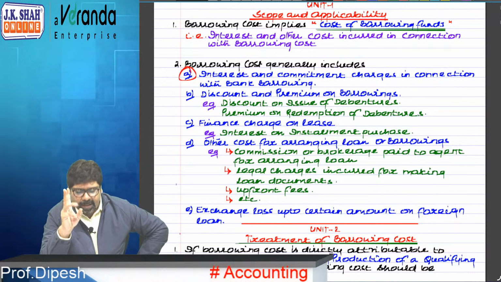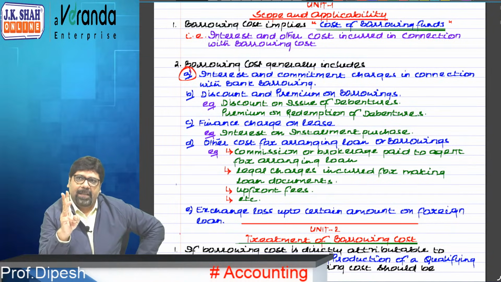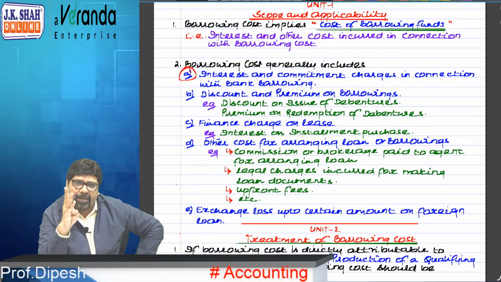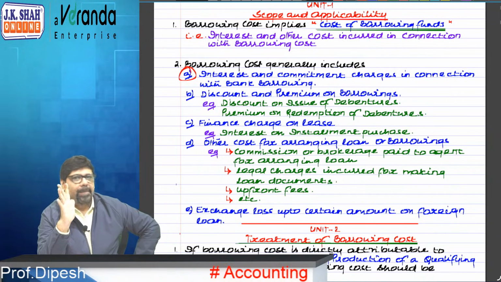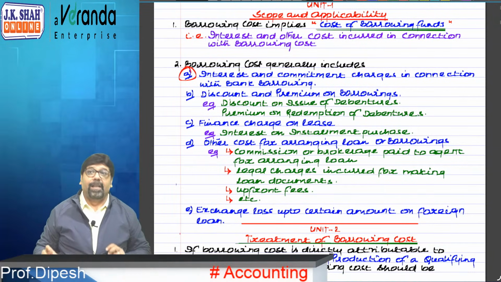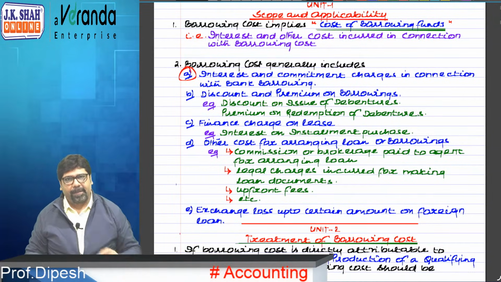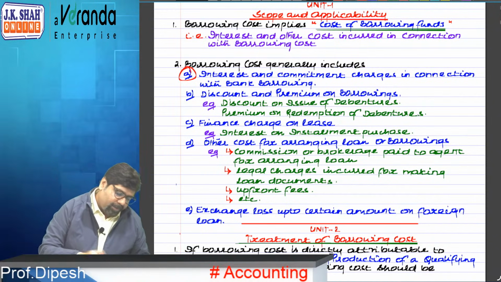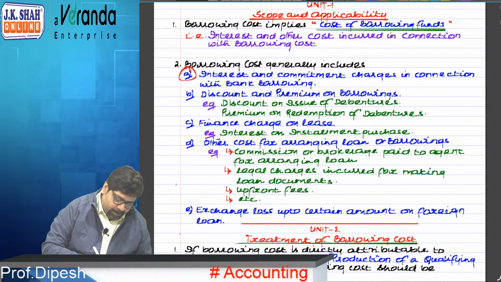Number 3, finance charge on lease. Number 4, other cost for arranging loan. Number 5, forex loss up to a certain amount. I have taken a loan from abroad. Correct. When I took the loan, I took $1,000 ka loan.